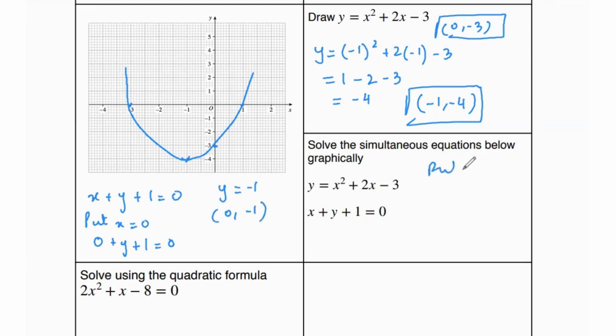If we put y equals 0 to find the x-intercept, that's going to be x plus 0 plus 1 equals 0. It's going to be x equals -1 as well. So (-1, 0) is the other point. (-1, 0) is this, and (0, -1) is this.